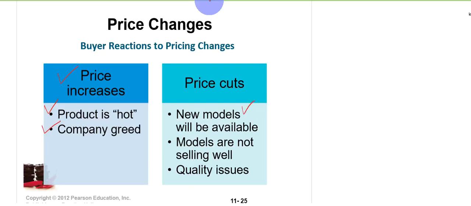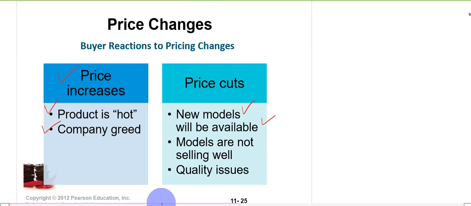And there is a reduction or decrease in the price because a new model will be available. For example, our model is old, or the product is outdated, or the product is going to expire, or a new model has arrived in the market, so your old model will not be sold at regular price, then you will have to decrease the price.